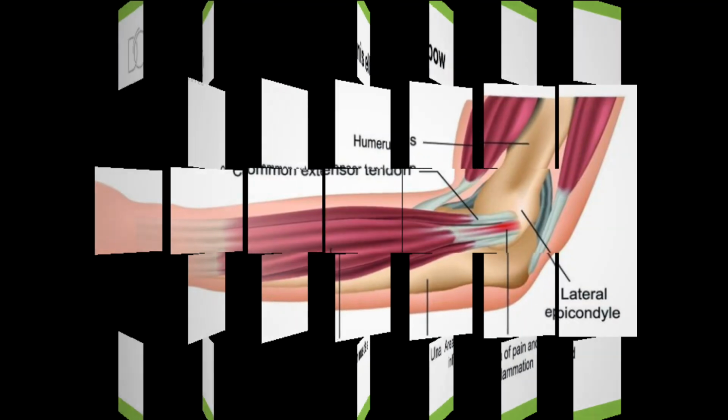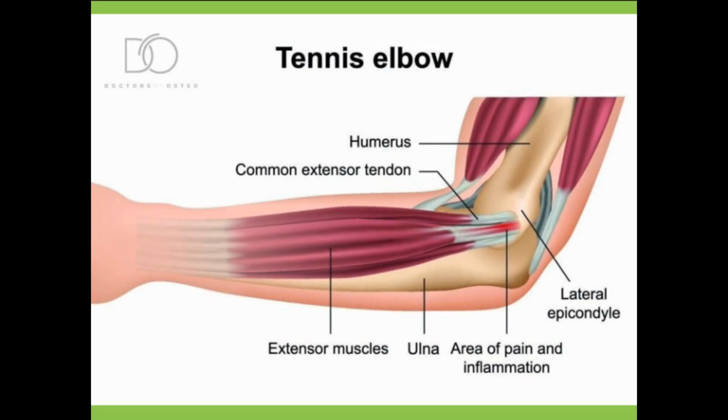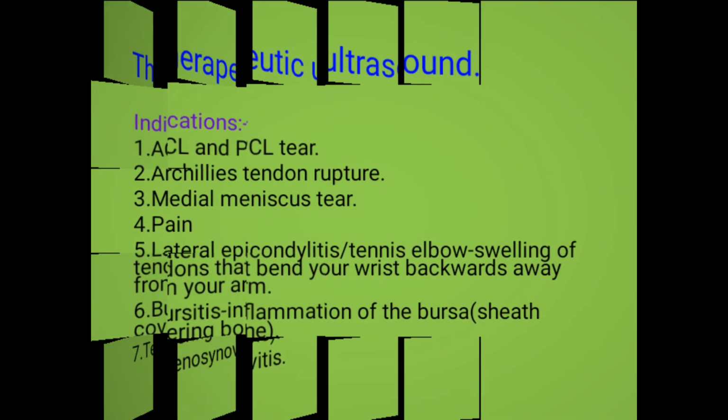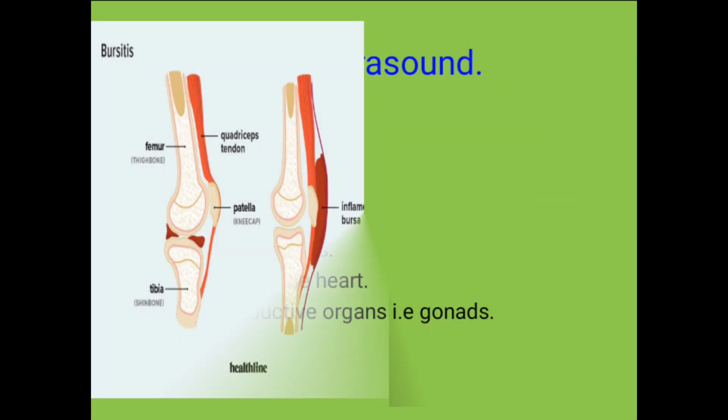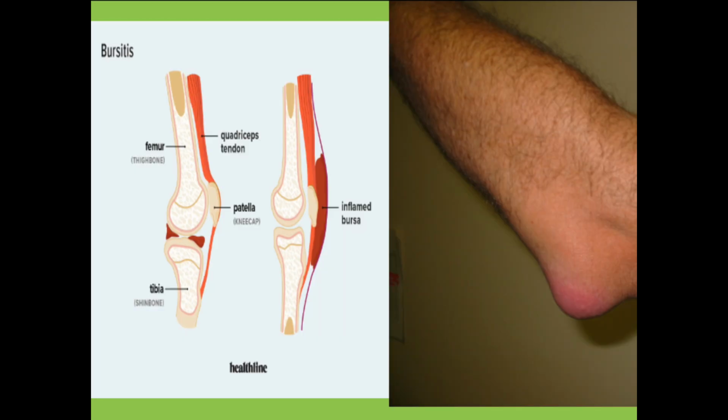So I want to project some pictures. This is tennis elbow. I think you can just take a few seconds to observe. You can see its location, and you can see the tendons. Yeah, this is again the bursitis, and you can see there is the inflammation.